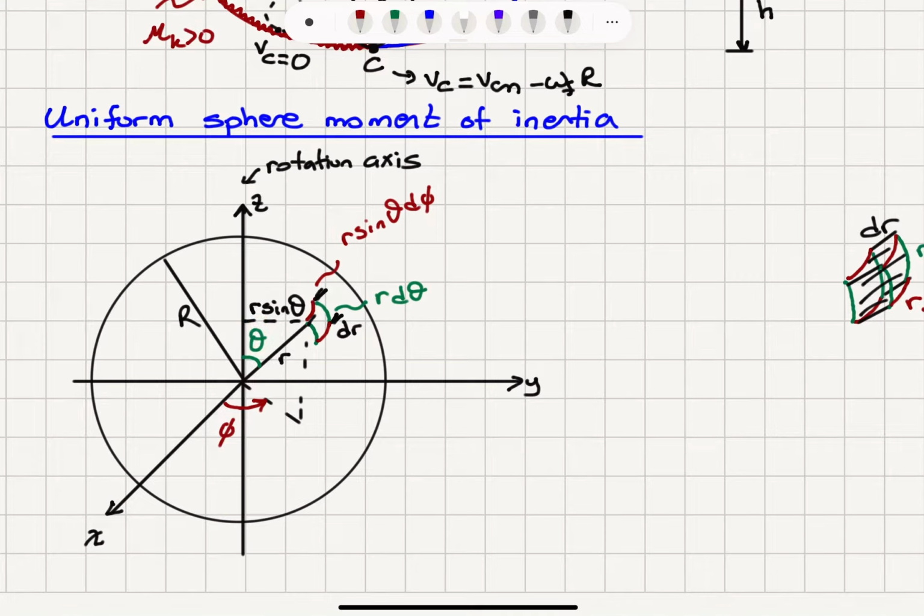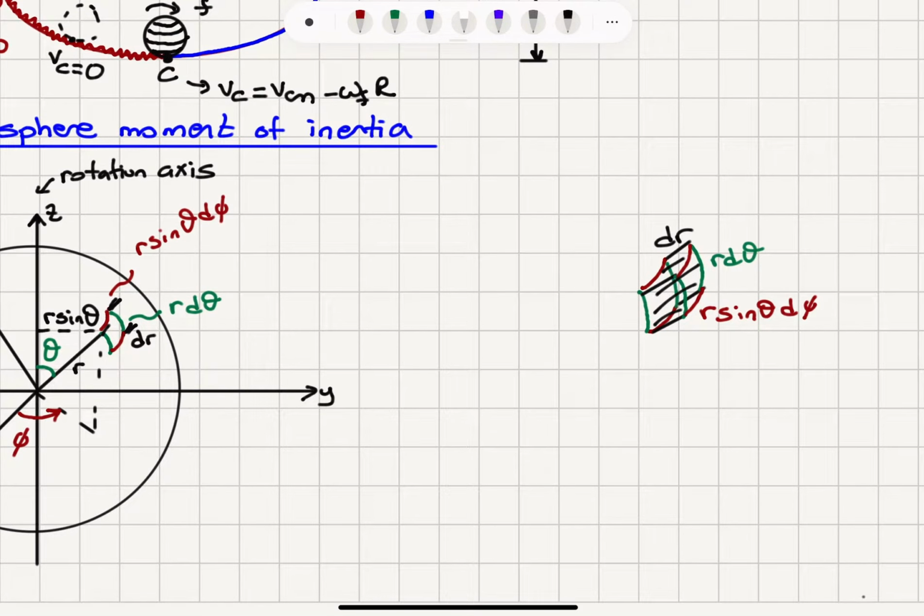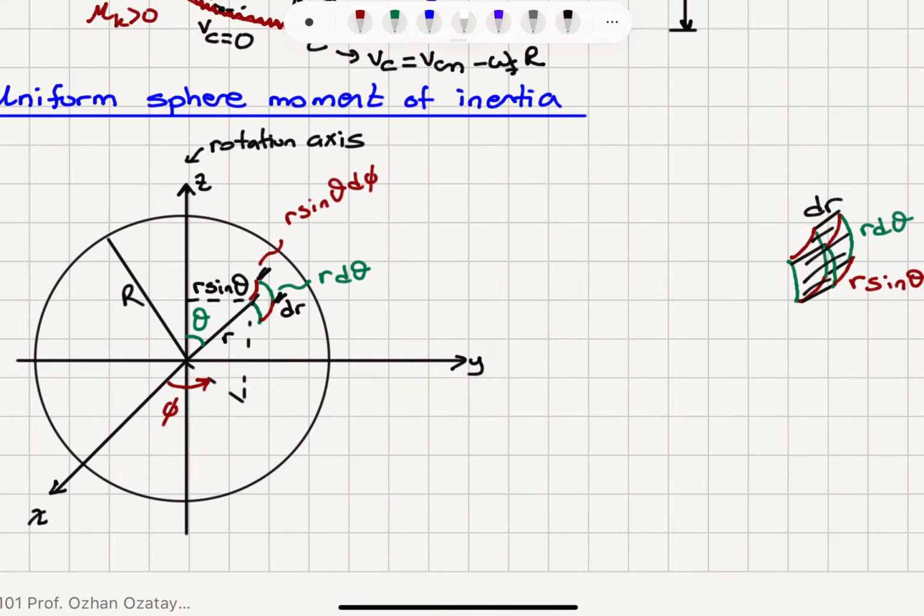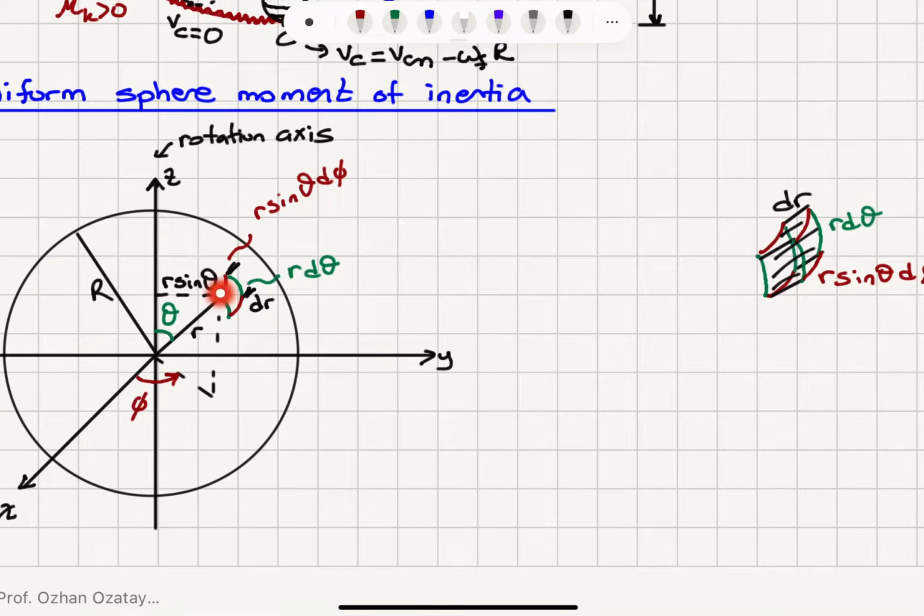And if we look at a radial distance r from the origin, dr is one side of this parallelepiped, and we're going to have r sine theta, that's the component of r on the xy plane, r sine theta d phi as one of the sides, and then we will have r d theta, that's the arc length, that's the remaining side.